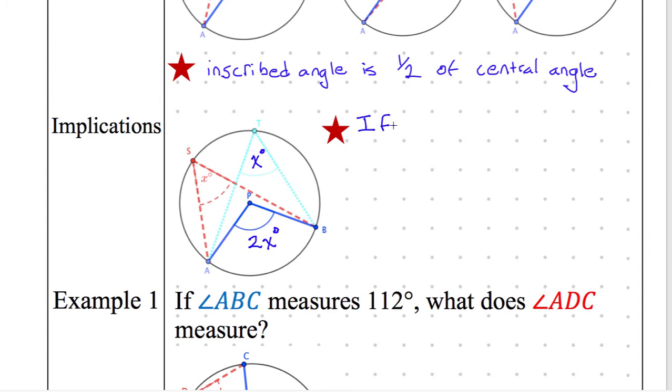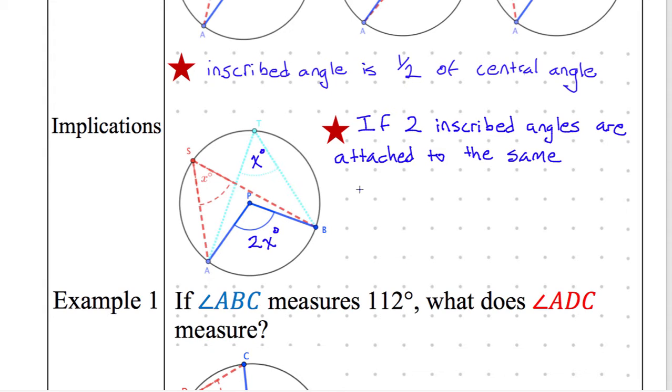If 2 inscribed angles are attached to the same endpoints, I cannot spell, endpoints, then those angles are congruent.